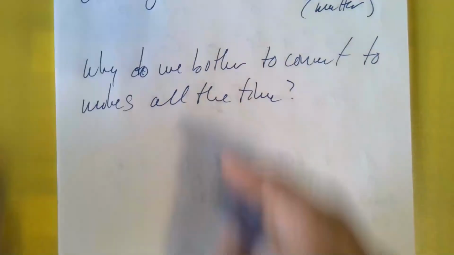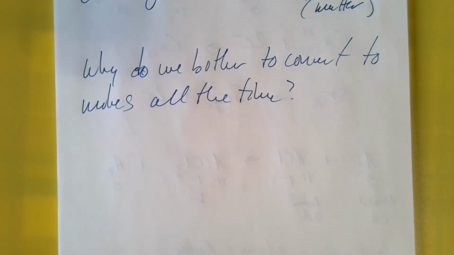So, anybody know the answer to this? I actually said it earlier today. Why we bother to convert to moles all the time? Anytime we're doing those equations, we're always going to moles. Nobody? Well, think about this. When I go in the lab, do I measure things in moles? Not really. No, I measure things typically in grams, right?